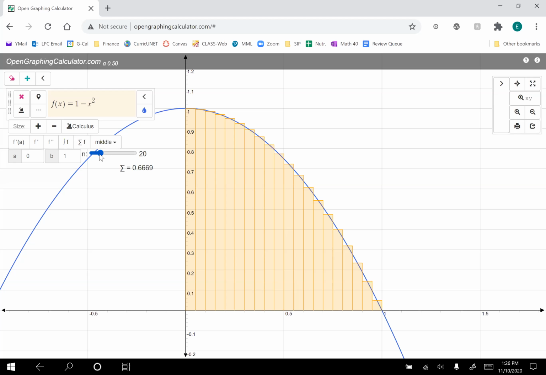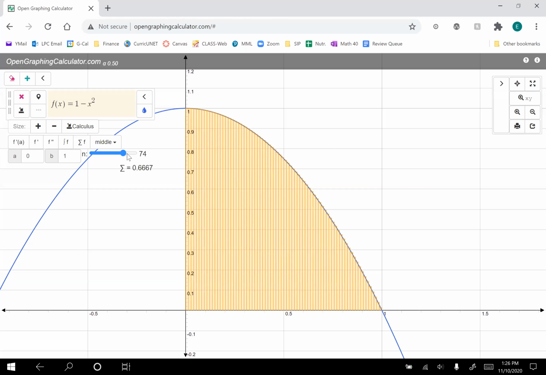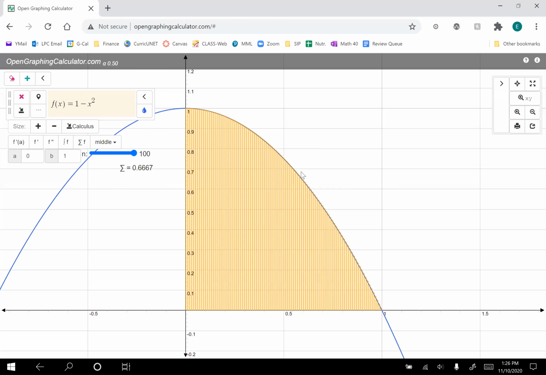And let's just max this thing out here. Let's take it all the way to the top, which I think is 100. Okay, so there's 100 little rectangles underneath there now, and we're using midpoints on every single one of them. You would not want to do this by hand. But look how close that fits to our parabola.